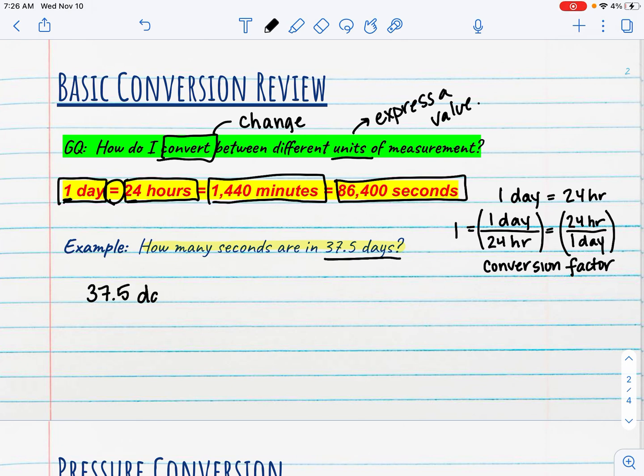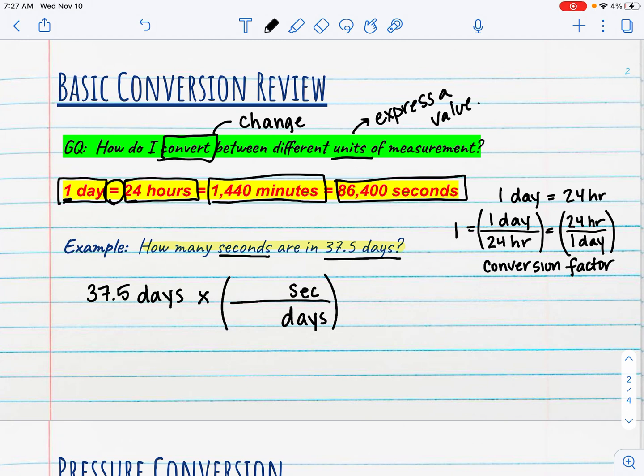Okay, we're going to write that value along with the units. All right, I'm going to multiply that by a specific conversion factor. Okay, the units I want to get rid of go on the bottom, so I do not want to be in days any longer, so days goes on the bottom. And it says how many seconds, the unit I'm trying to convert to or change to, goes on top.